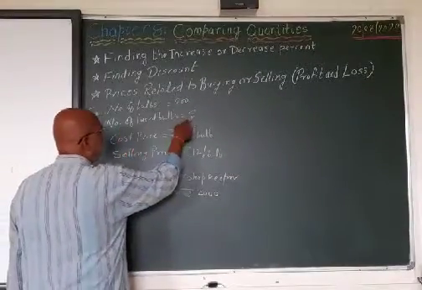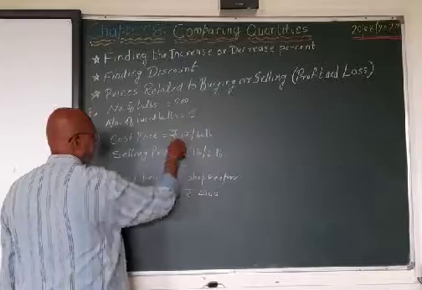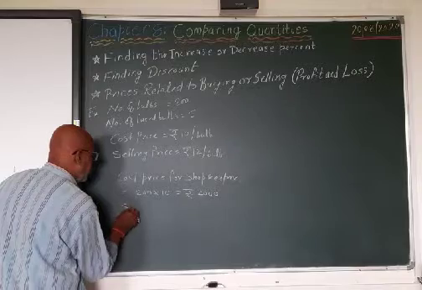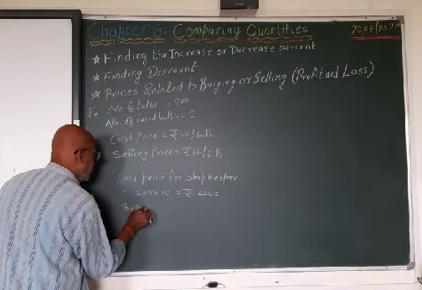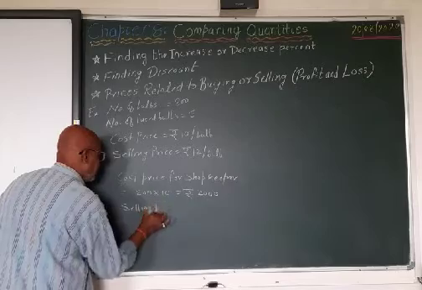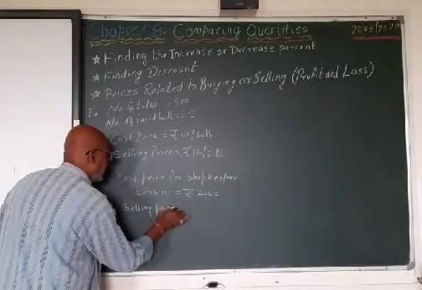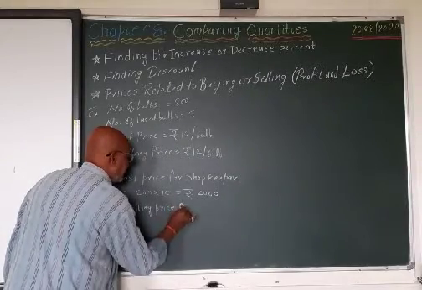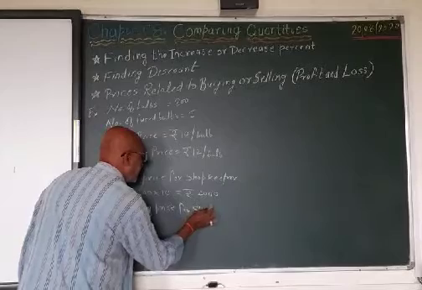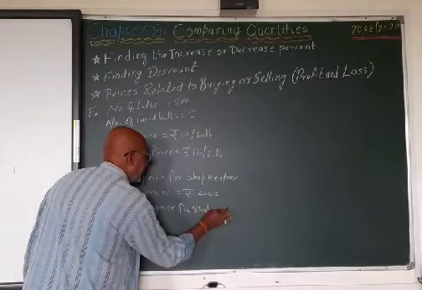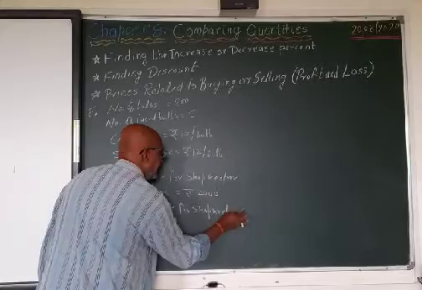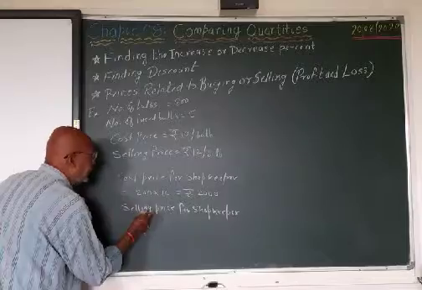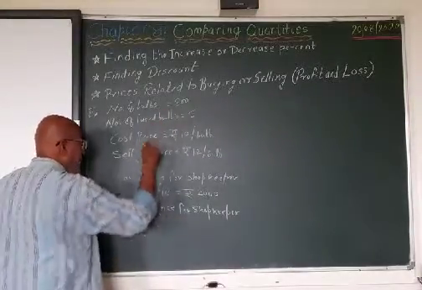Out of that, 5 were fused. So the total remaining is 200 minus 5, 195. Then the selling price for the shopkeeper equals: now see here, you have to deduct those fused bulbs from the total bulbs.